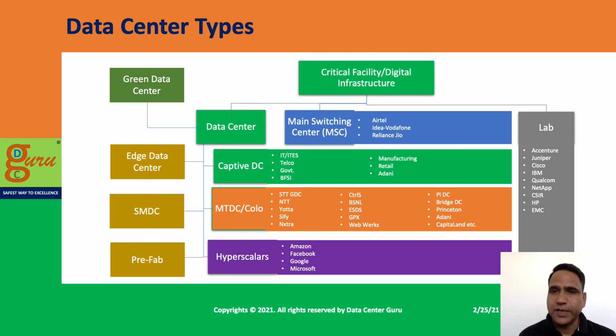So hyperscale data centers are normally very large and are built by these internet giants. Amazon, Facebook, Google all have their own data centers outside India, and in India also a couple of them have built their own. Amazon has been building its own data center now in Hyderabad, apart from using co-location partners for facilities in multi-tenant data centers.